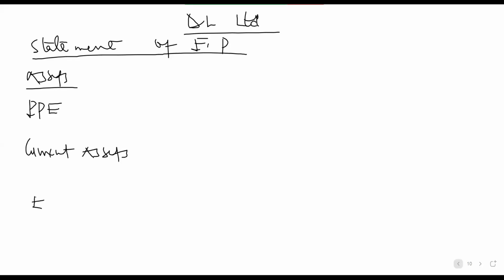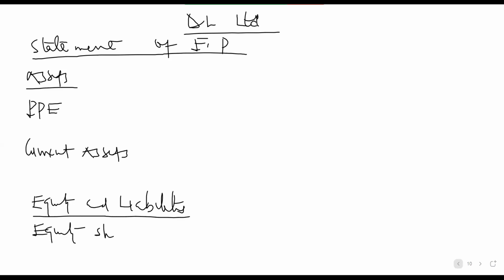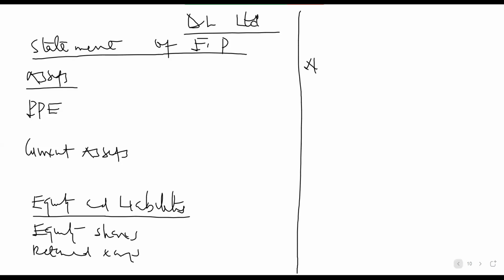I'll have my equity and liabilities, my equity share, my retained earnings. Then I'll put a space here, maybe there can be a revaluation. Then I'll have my non-current liabilities here.